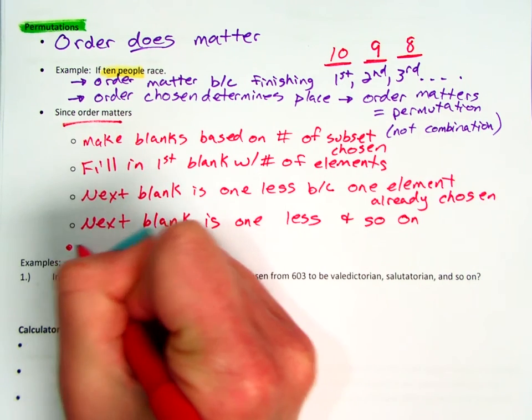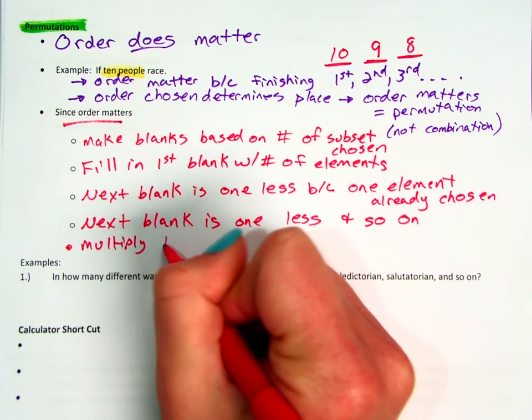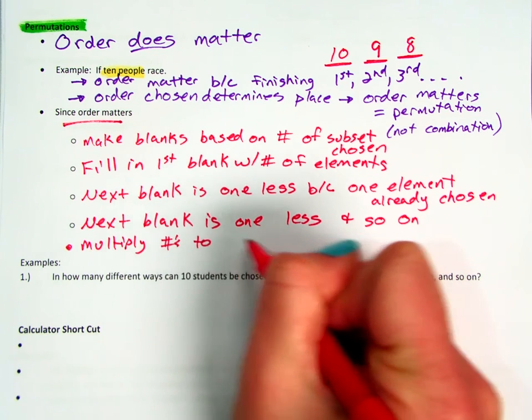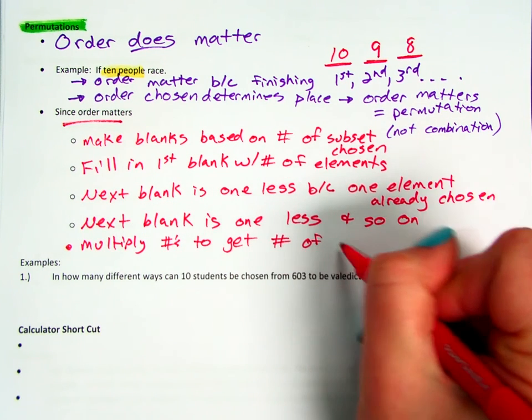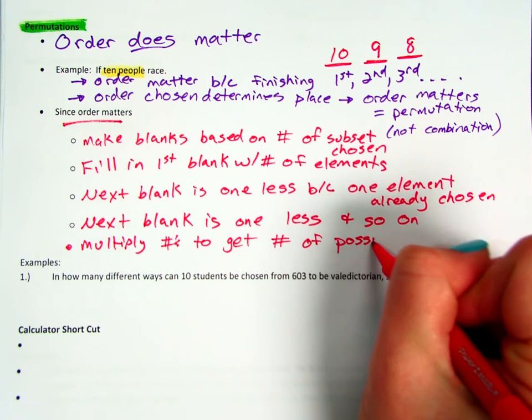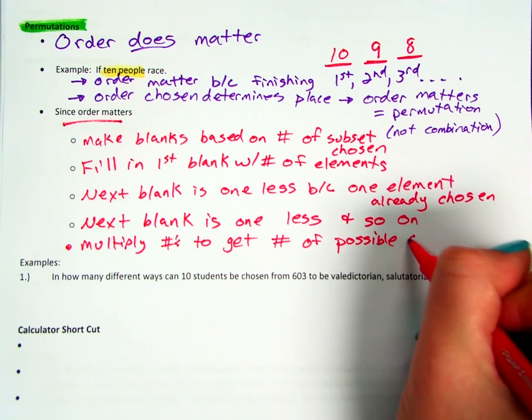And then you would multiply the numbers to get the number of possibilities, or the number of possible arrangements.